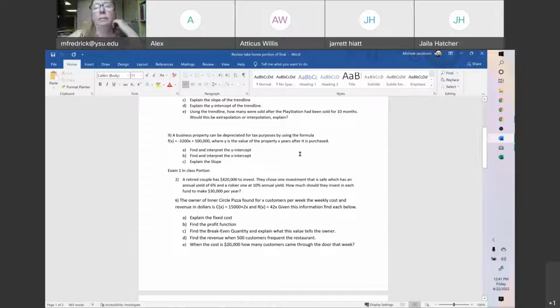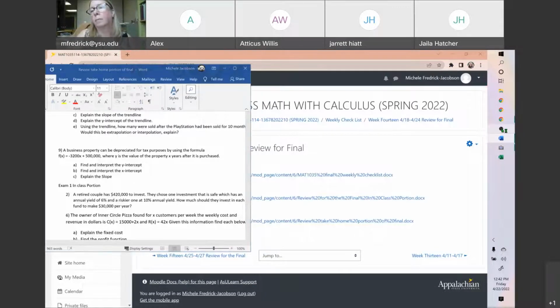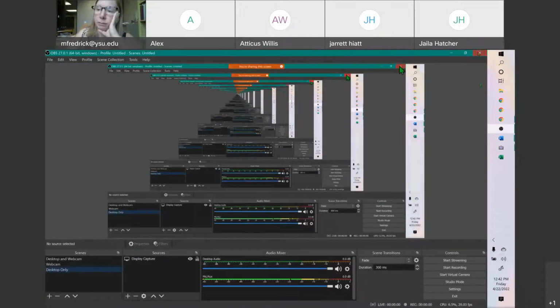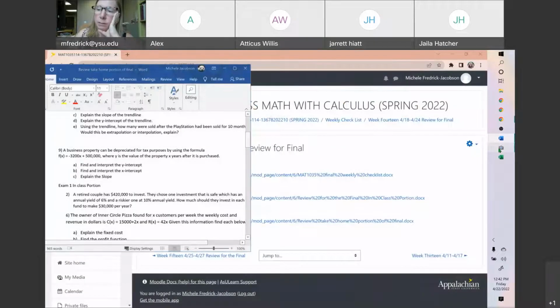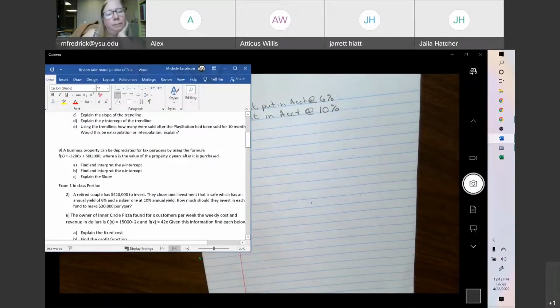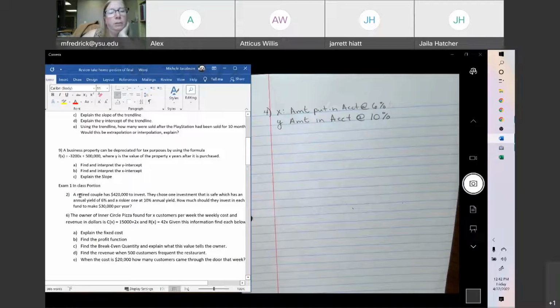Oh, sorry, I started writing and I didn't bring that up. There we go. So I always label my variables first, and we're doing this one.